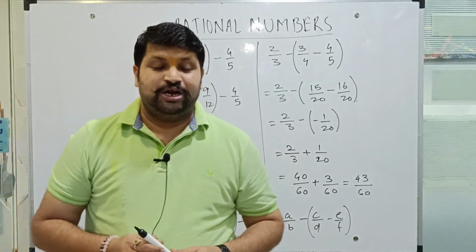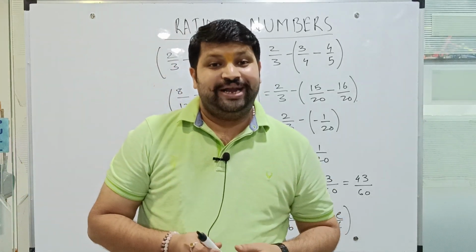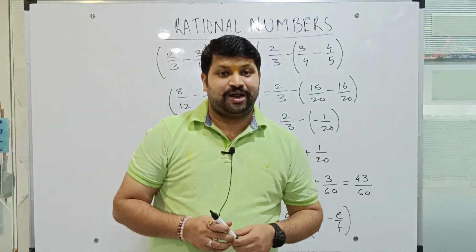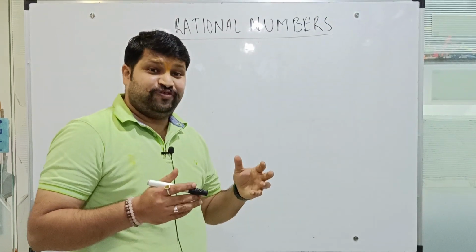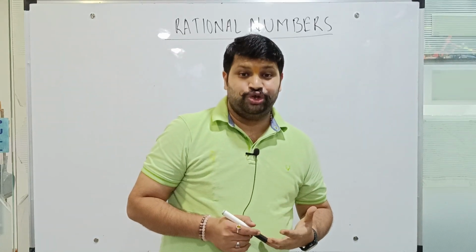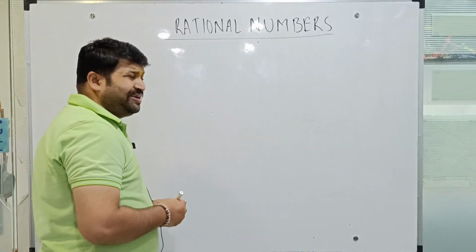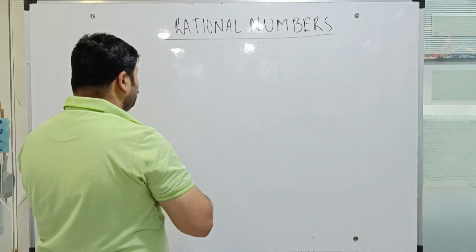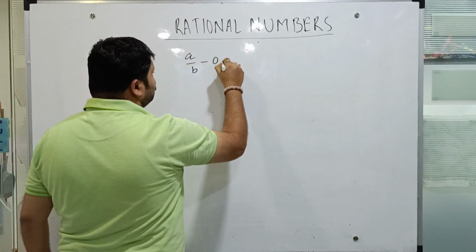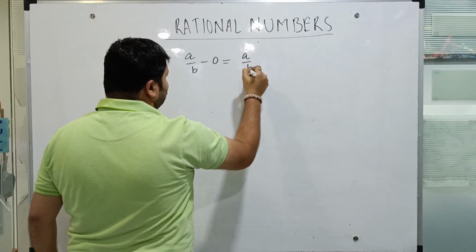Let us go ahead and talk about the identity and the inverses of subtraction. Now, in case of addition, the identity was 0. Now let us check out what happens when we take 0 as an identity in case of subtraction. So if I have a upon b minus 0, then the answer would be a upon b.